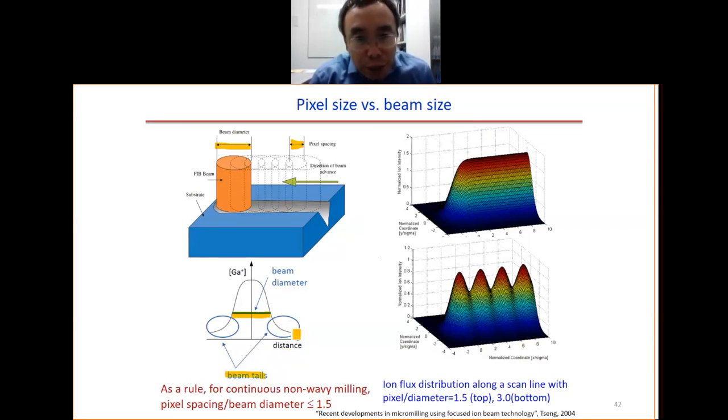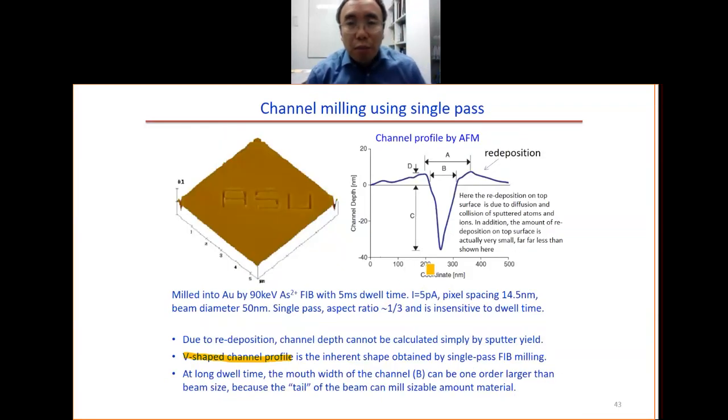Even though the current in this part of the beam is low, if you mill for a very long time, this part of the beam will mill away a significant amount of the material. As a result, when you mill deeper and deeper, the opening here will also become wider and wider.